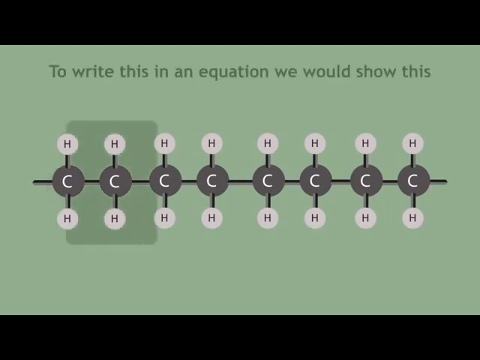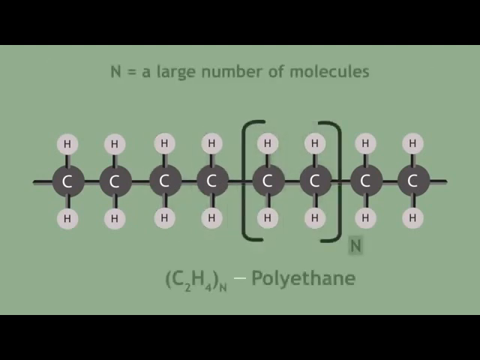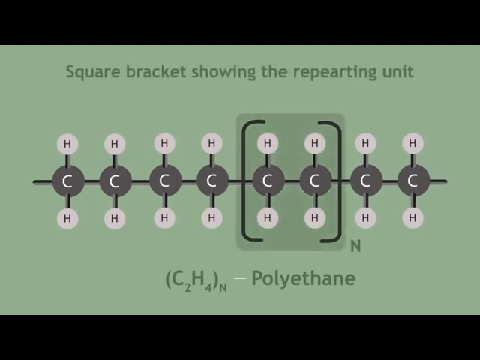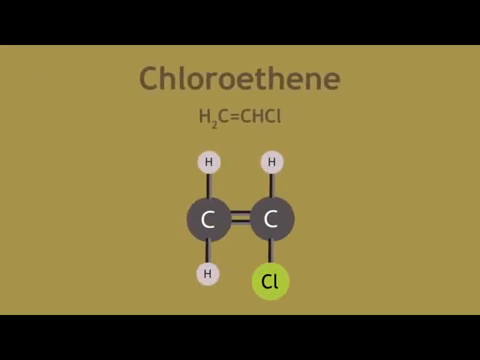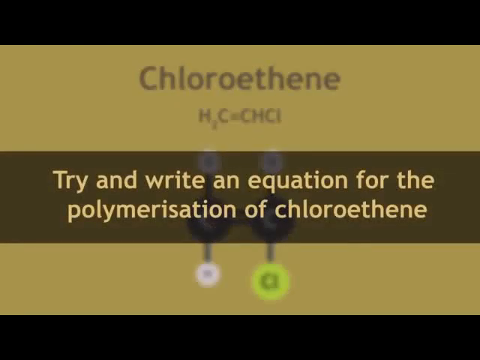To write this in an equation, we would show this, where n represents a large number of molecules, and the square bracket shows the repeating unit. Here is the molecule chloroethene. Based on what we have recapped, pause the video now and try and write an equation for the polymerization of chloroethene.